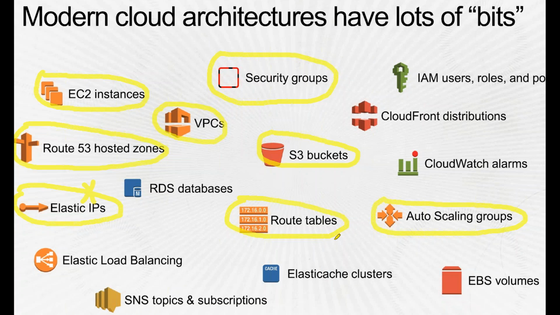So think of all the bits and pieces that get automatically added for a single web server instance. I need to configure all these pieces to work together smoothly so that I can make my website run. And if you have problems with any one of them, then your web server or your company is going to have a problem.